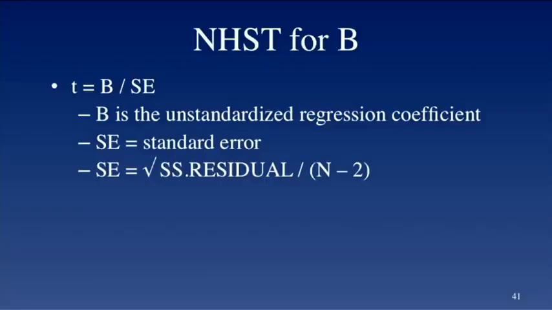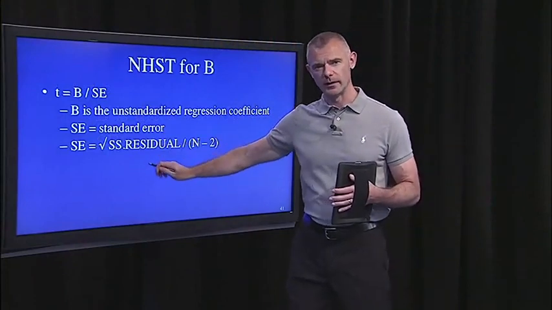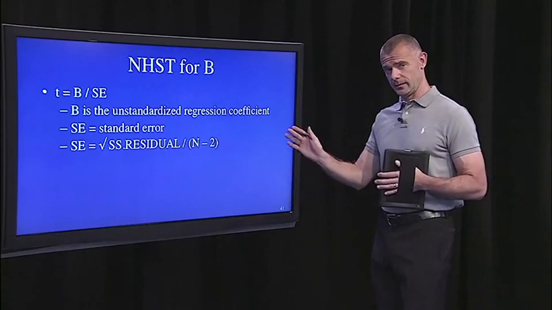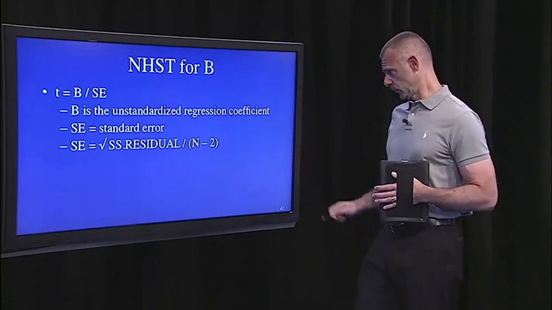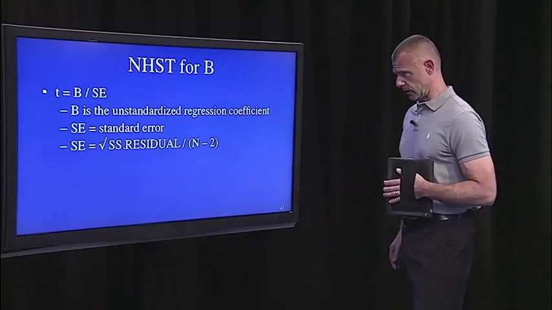We'll get into this in a little more detail when we do the analyses in R, but for now, it's the square root of the sum of squares residual over n minus 2. Why n minus 2? Well, because there are other things that we're estimating in the regression equation. That is the regression constant and the slope of the first predictor. So we have to subtract out those other things that we're estimating.